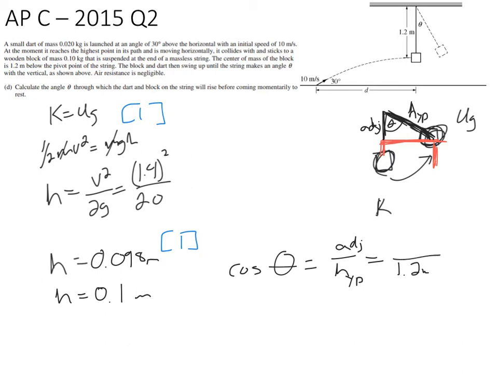The adjacent, though, isn't the full length of the string. It's the length of the string minus how high it rose, 0.1. So we end up getting 1.1 divided by 1.2. Plug and chug, and you get 24 degrees.